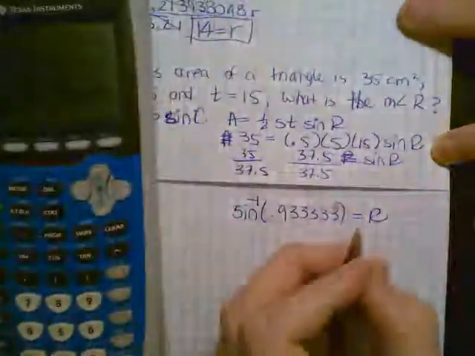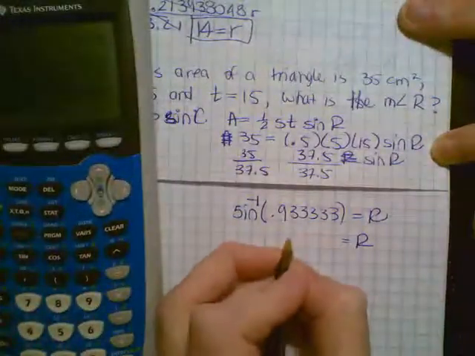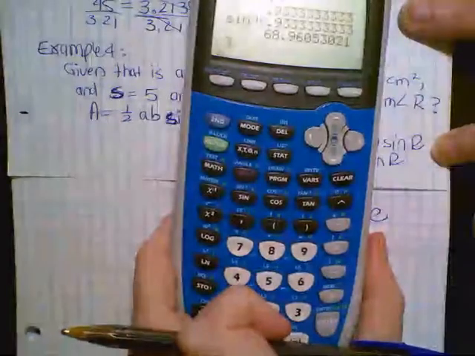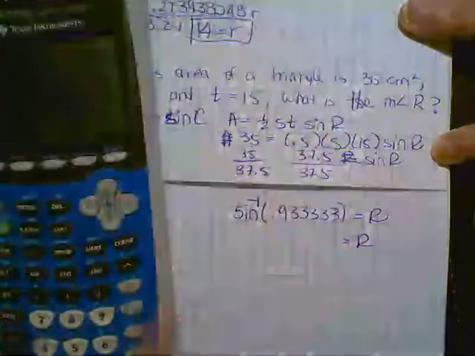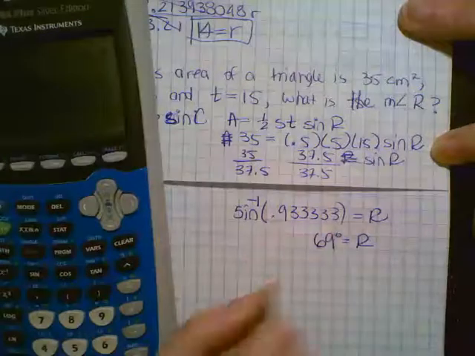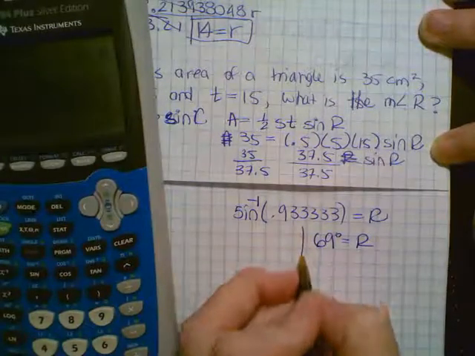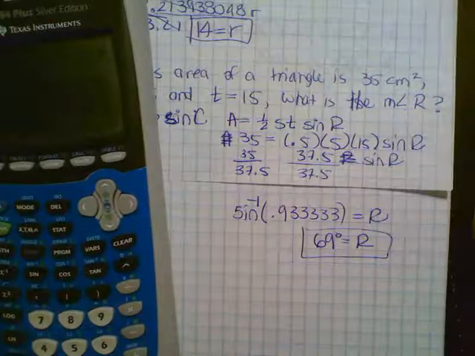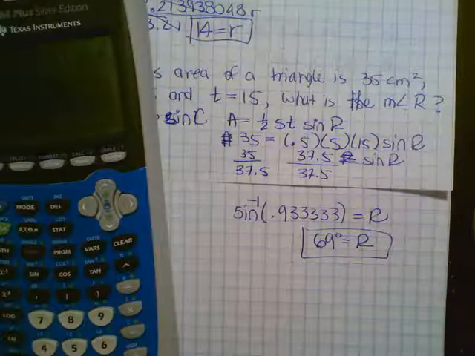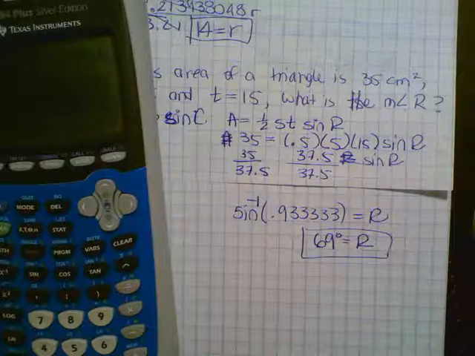And I got that angle R is equal to, what did I pick? Let's say 69 degrees. So if you're given the area, you can work backwards. So you just have to recognize what you're plugging into which equation will work for what you've been provided.